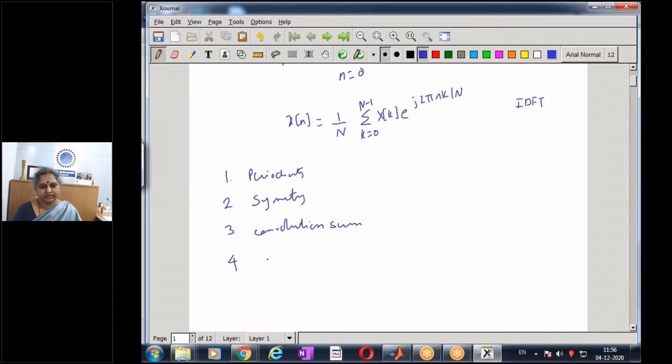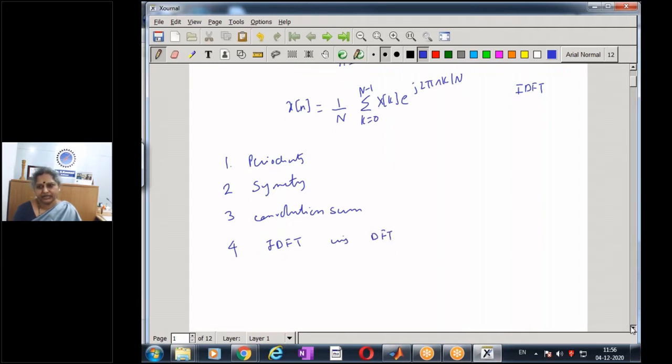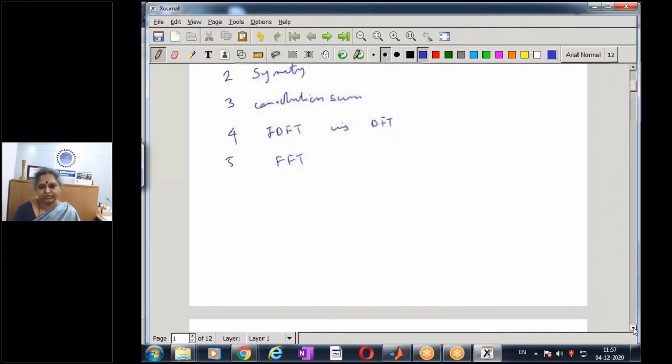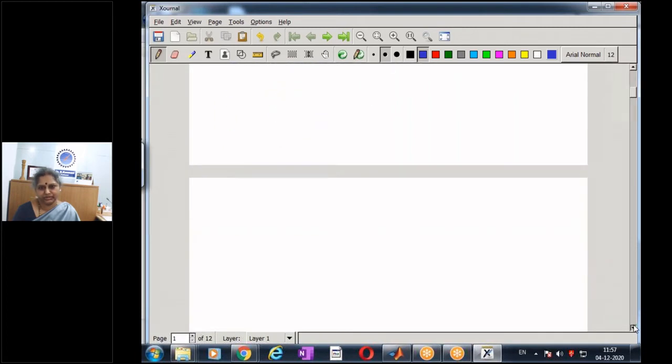And we shall then see how to compute the IDFT using a DFT algorithm. And later on, we shall mention the methods for fast Fourier transform. So that is what we shall take up for today. So let's start off with the periodicity property, the first property of the DFT.